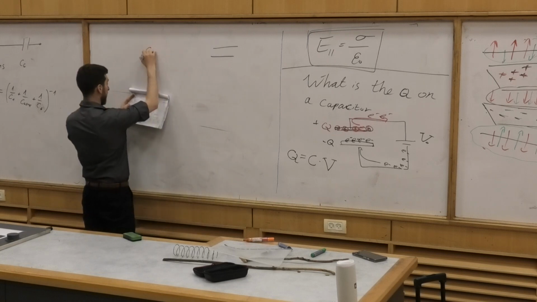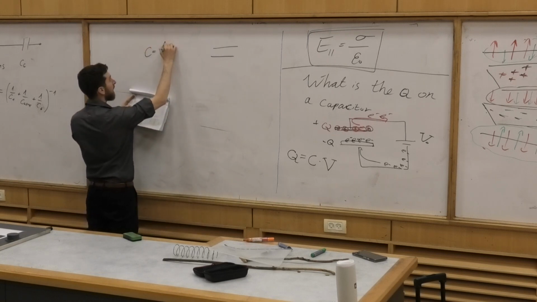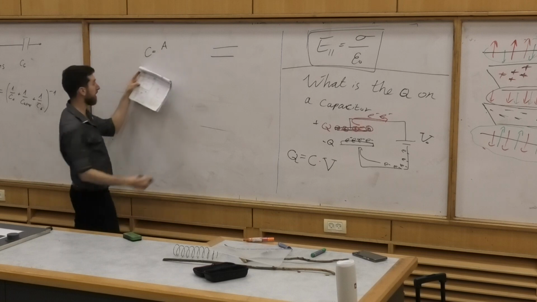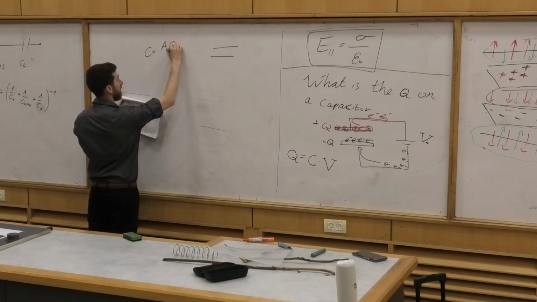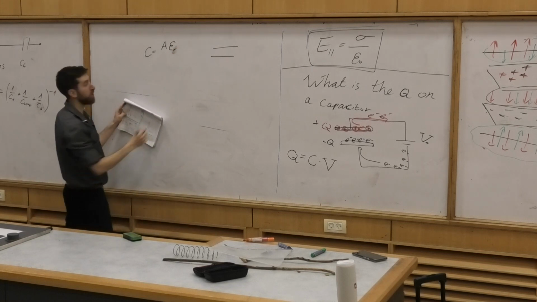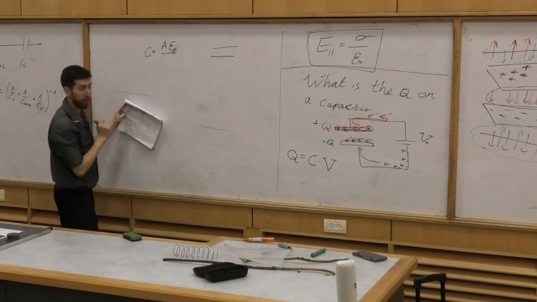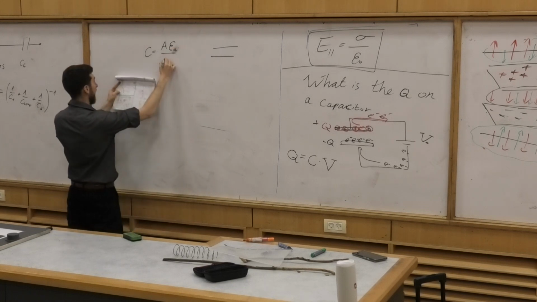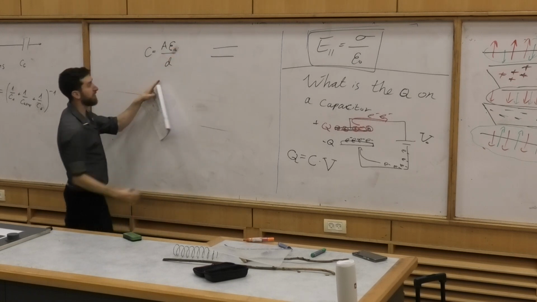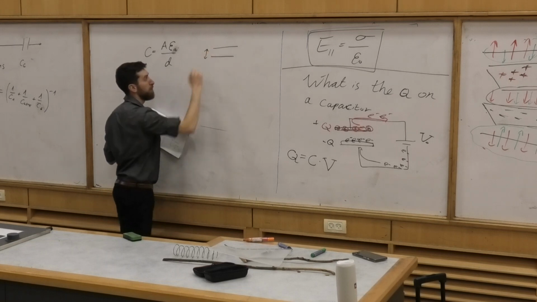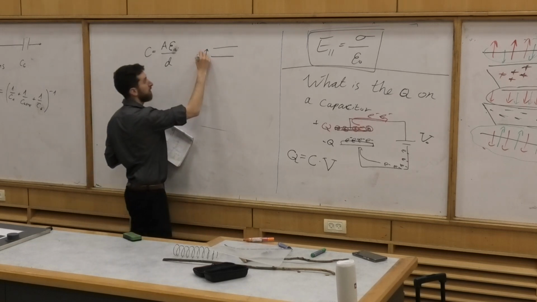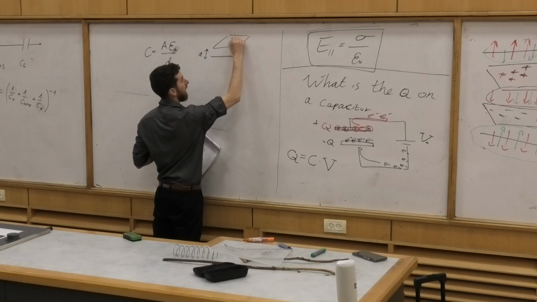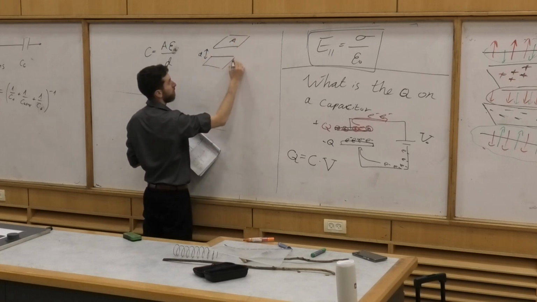C is equal to the size of the plate, A, the area, times the material that you have inside, epsilon R, and epsilon 0 in the case of air, divided by D, the distance between the plates. This is A, the area, right?